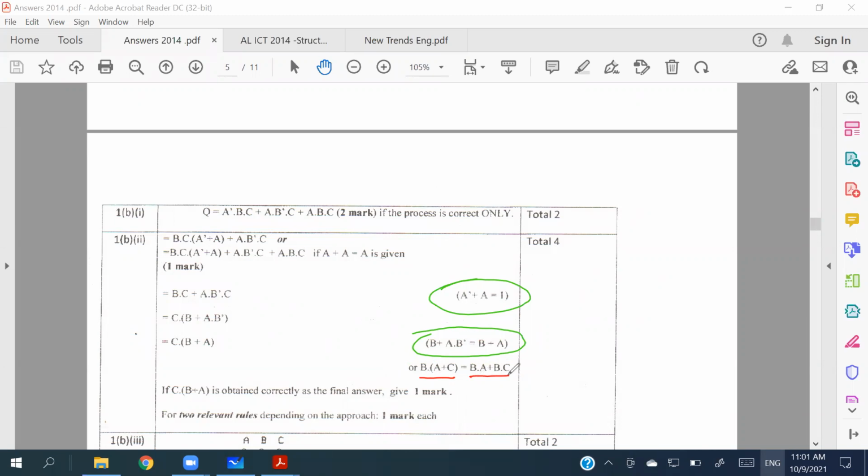So 1 mark for the correct final answer, and for 2 relevant rules which you have stated, 1 mark for each. So 1 mark for each rule, 1 mark for the final answer, and for the simplification steps, only 1 mark. That is how the 4 marks are given.